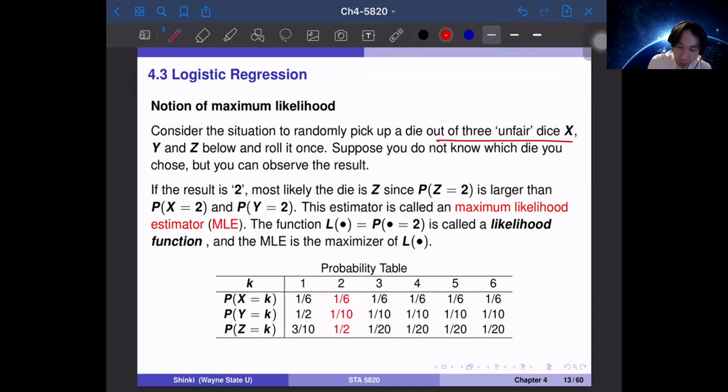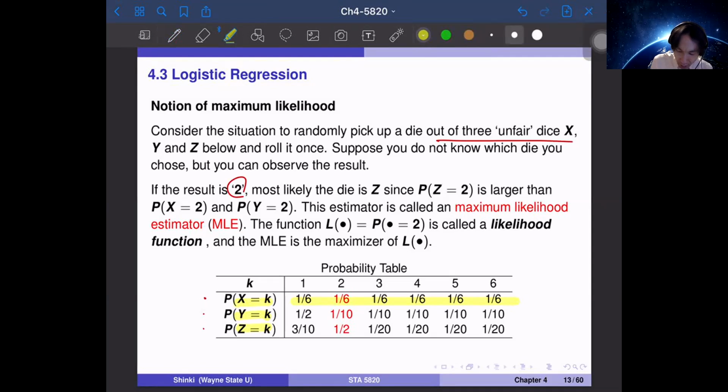Suppose you don't know which die you used, but you can observe the result. Suppose you pick up either X, Y, or Z, and the result is 2. These 3 dice have different probabilities. Die X is actually a fair die, so the probability is 1/6 each.